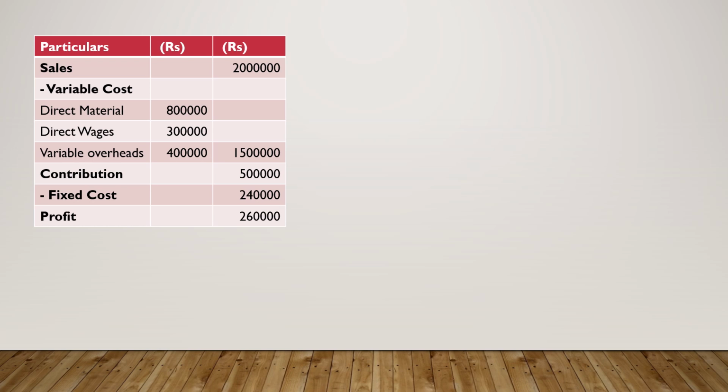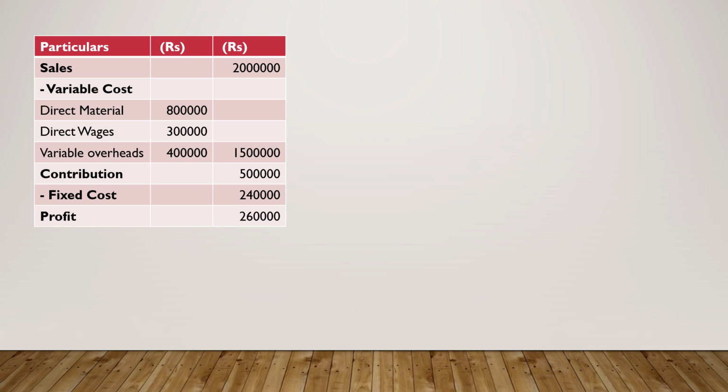Now this is a small cost sheet. Once again, I have prepared it from the question. So the sales given is 20 lakhs, and direct material, direct wages, and variable overheads are part of variable cost, so I have included them under the head variable cost. So direct material 8 lakhs, direct wages 3 lakhs, and your variable overheads 4 lakhs. So 8 plus 3 is 11, 11 plus 4 is 15.